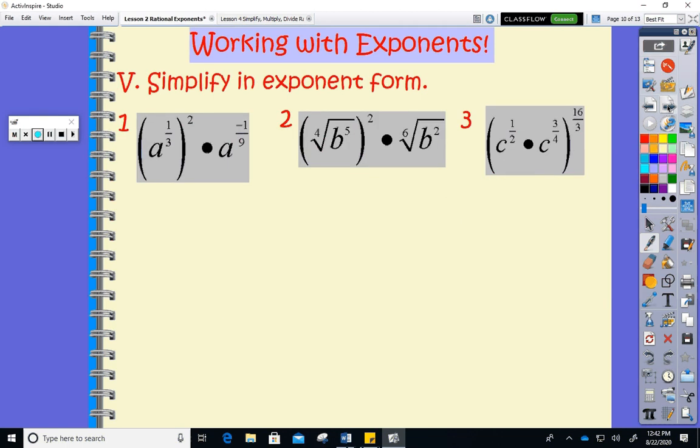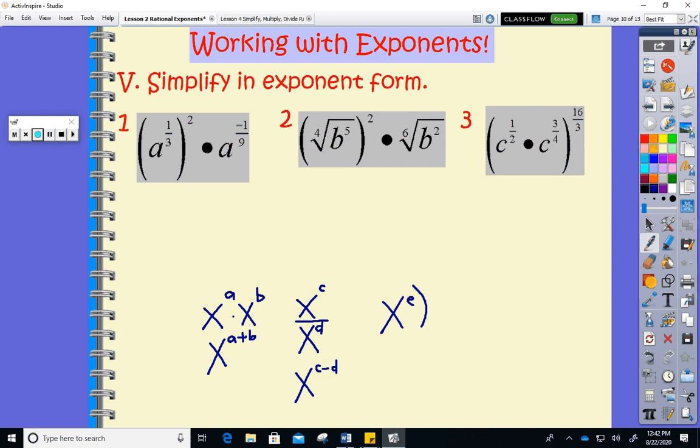All right, so now we're going to go back and really apply our rules from yesterday. So remember, yesterday we had rules like x to the a times x to the b means x to the a plus b. Or x to the c over x to the d means x to the c minus d. Or x to the e all to the f power means x to the e times f.